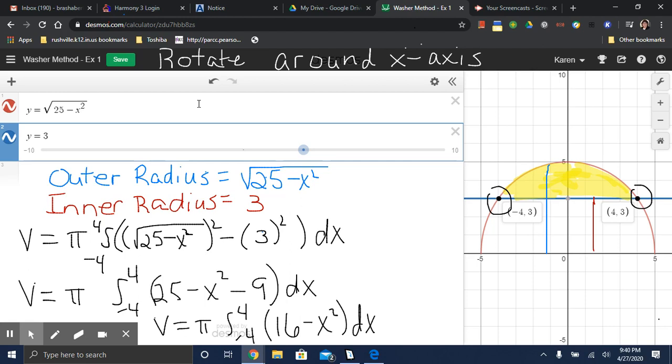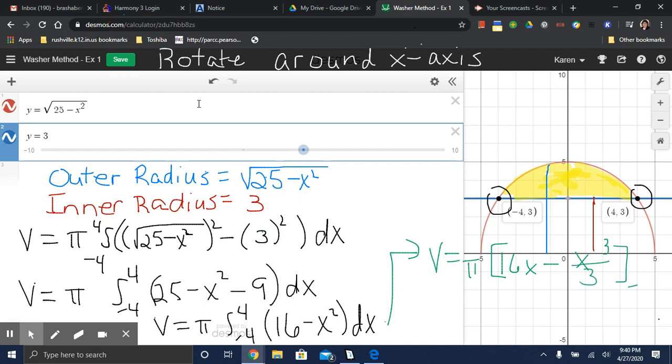So then we'll actually do the integration. That gives us volume equals pi times, and the integral of 16 is 16x, minus the integral of x squared, which is x to the third power, over 3.